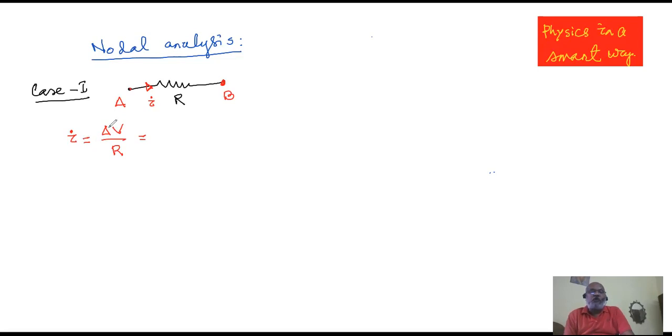If you apply Ohm's law in our case, because the current is flowing from left to right, that is the conventional current, point A must be at a higher potential compared to end B. So the potential difference should be written as VA minus VB, divided by R. In short, we can write VAB by R. Here, VAB just makes our writing short; that is VA minus VB.